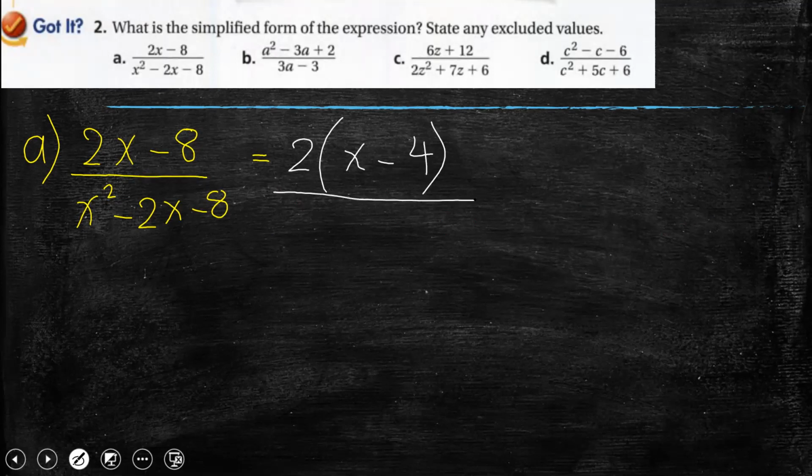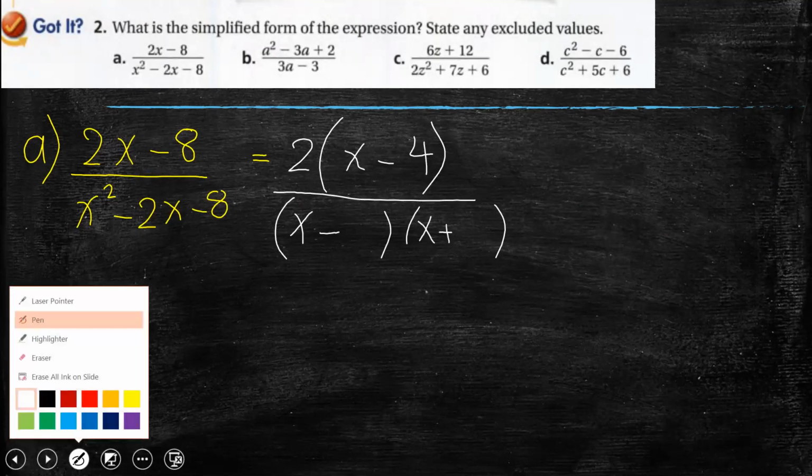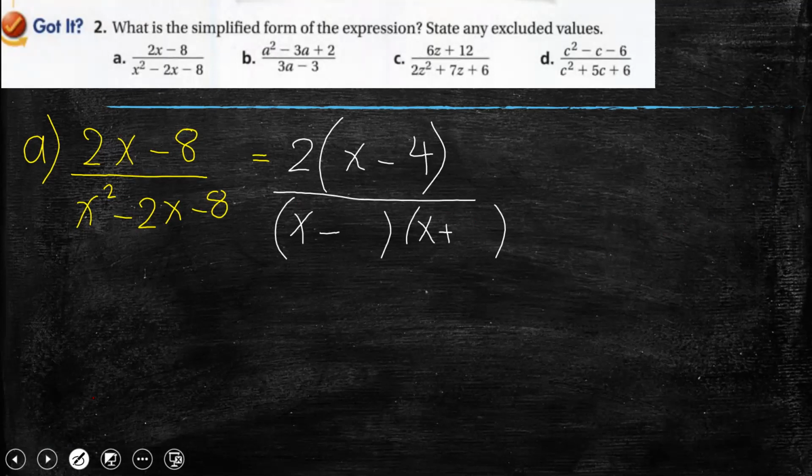Now down here, we have x squared minus 2x minus 8. So let's open 2 brackets here. X squared minus 2x minus 8. One is minus and one is a plus. Now I want to write the factors of 8, with one is minus and one is a plus.